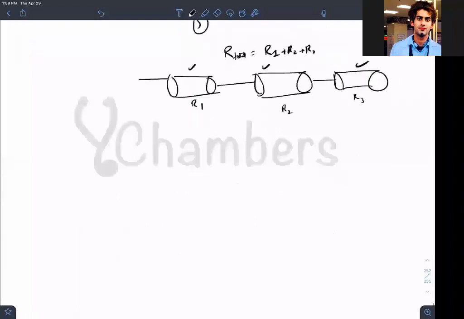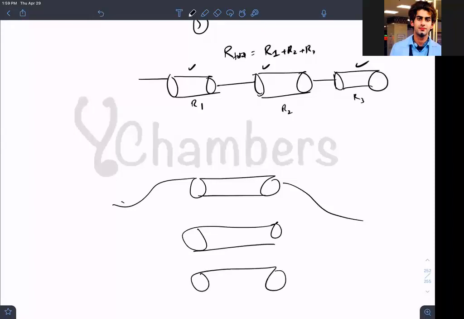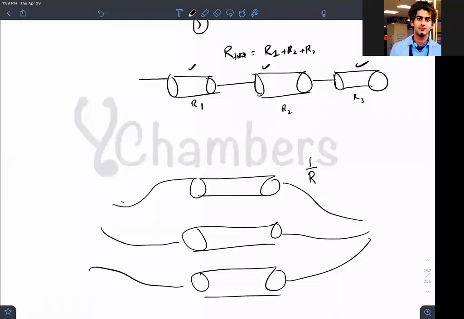And if I have blood vessels in parallel, I will be having the fractions: 1 by R total is equal to 1 by R1 plus 1 by R2 plus 1 by R3. Okay, simple. This is the one concept you have to remember.